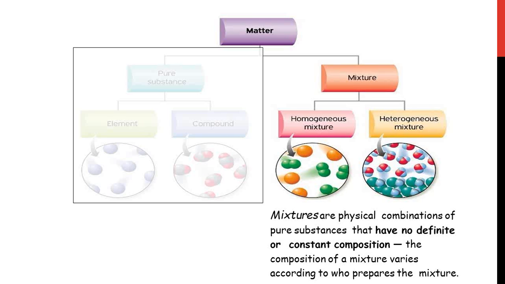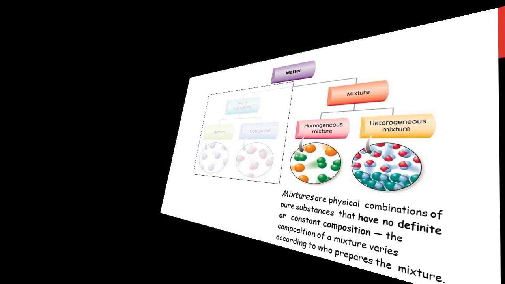The composition of a mixture varies according to who prepares it. If I like strawberry very well, I will make a fruit salad that contains strawberry in a big amount, okay?